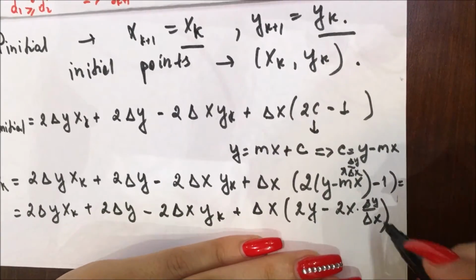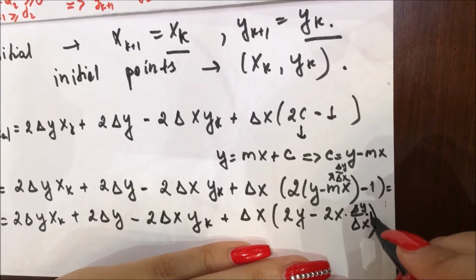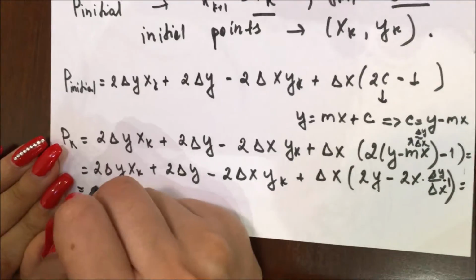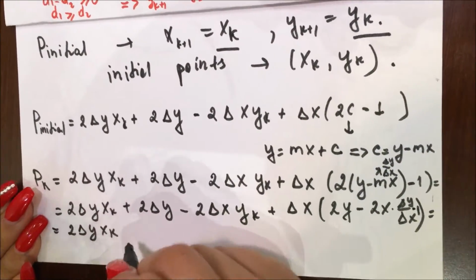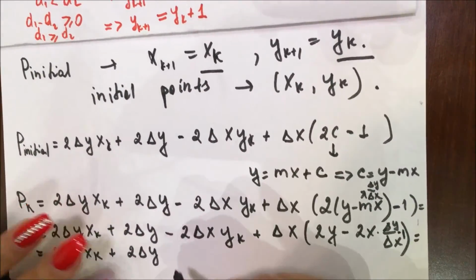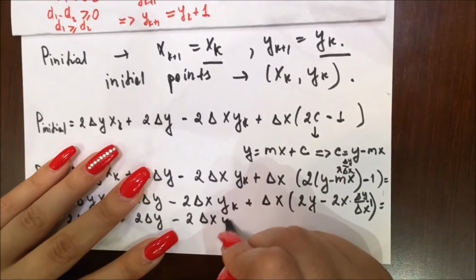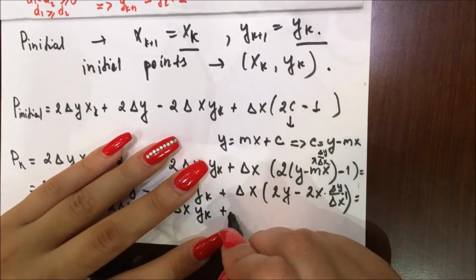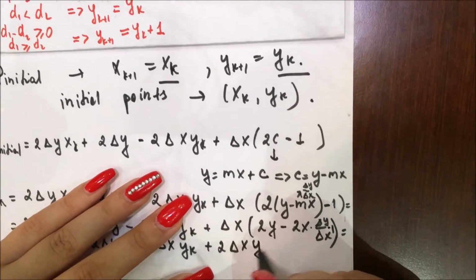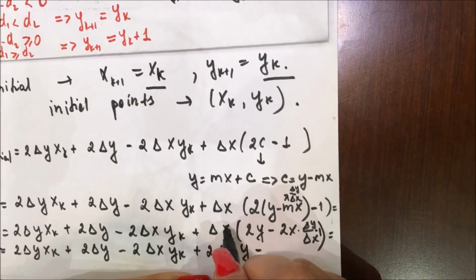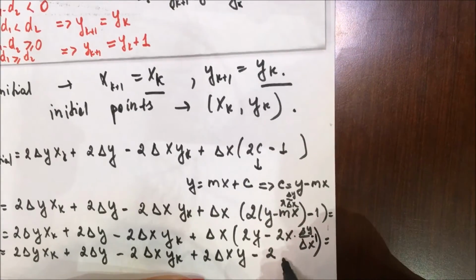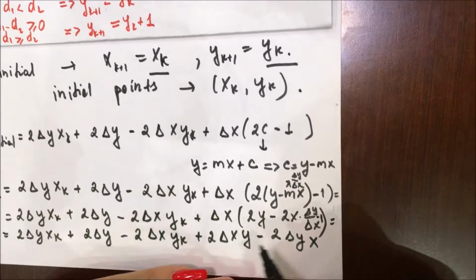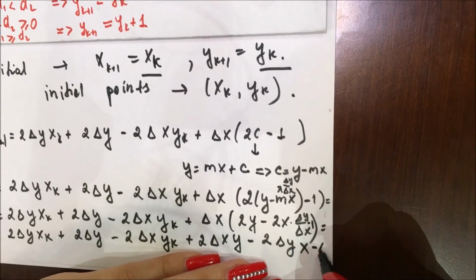Oh, sorry, minus 1 should be inside. Yes, equals 2 delta y xk plus 2 delta y minus 2 delta x yk plus, if we multiply it, it will be 2 delta x y minus 2 delta y x minus delta x.